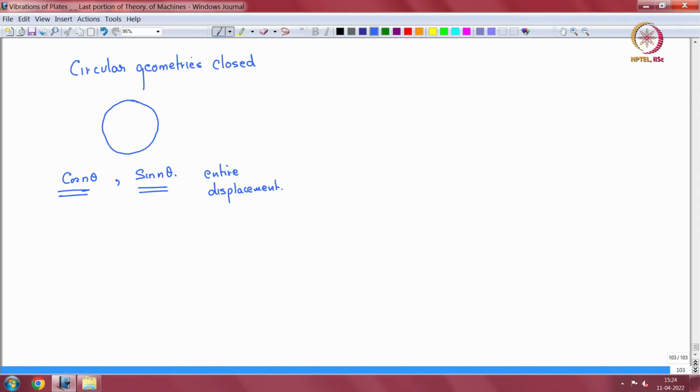So we did have, let us say for the ring, u3n given by a n cos n theta and u theta n given by b n sin n theta, okay, that this will be cos n theta and this will be sin n theta.